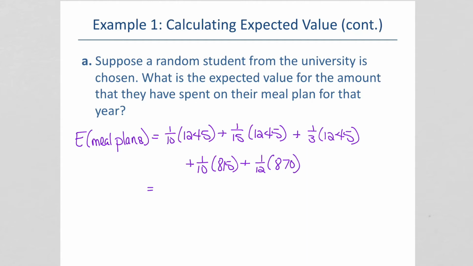So we go through and multiply these. 1/10 times $12.45 is $124.50. 1/15 times $12.45 is $83. 1/30, forgot my zero, times $12.45 is $41.50. 1/10 times 815 is $81.50, and 1/12 times 870 is $72.50.